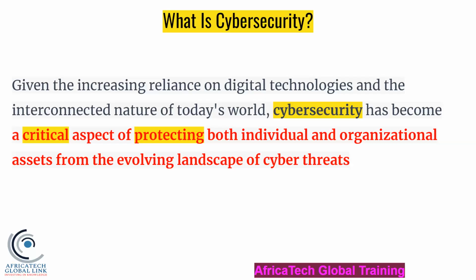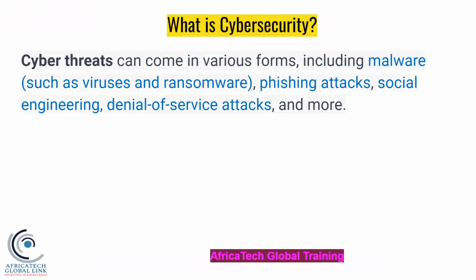Asset from the evolving landscape of cyber threats. Oh, we study about that. Cyber threats can come in various forms, including malware. We're gonna see what is a malware, such as viruses, ransomware, phishing attacks, social engineering, DOS, which is denial of service.